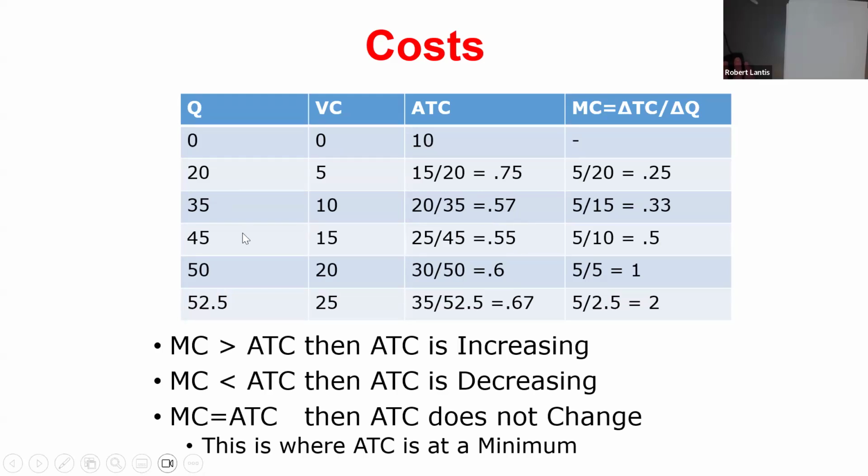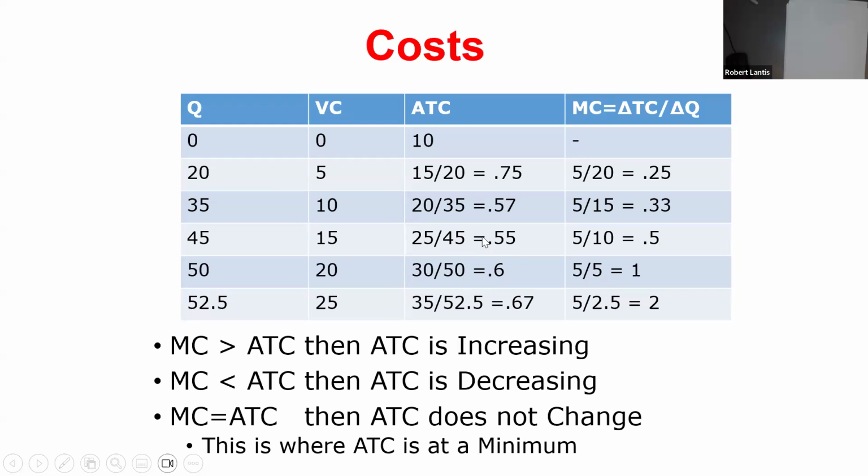Now, what if we go from 35 to 45? My marginal cost of that 45th unit was slightly below the old average. So what happens to my new average? It's a little bit lower. Well, what if I go from 45 to 50? My marginal cost, what's getting added in, is 1. Is that below my old average? No, it's actually above. So my new average should be a little bit higher.